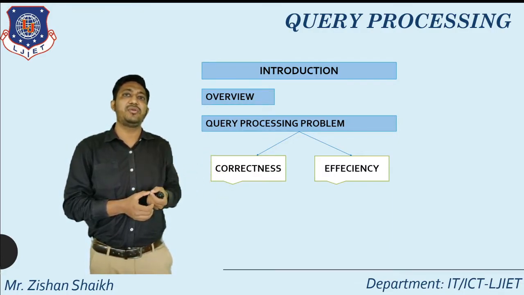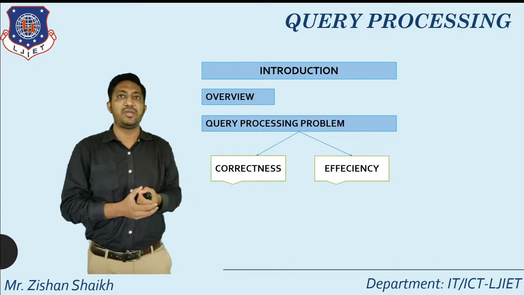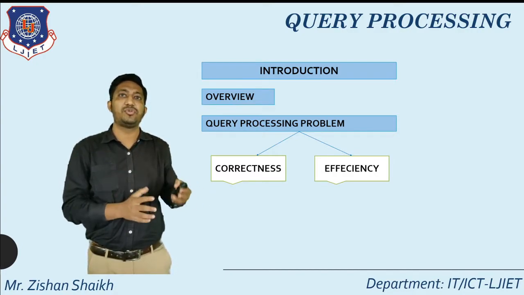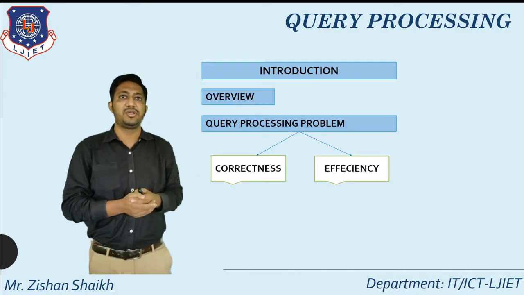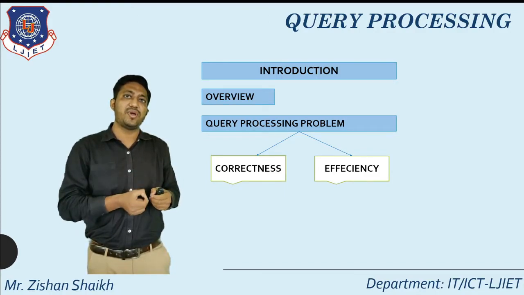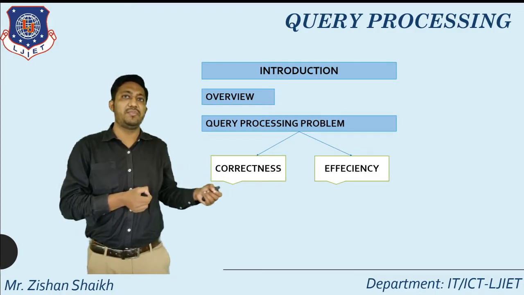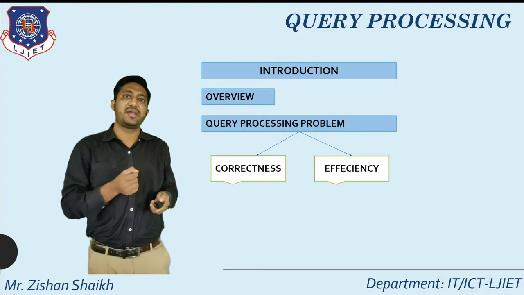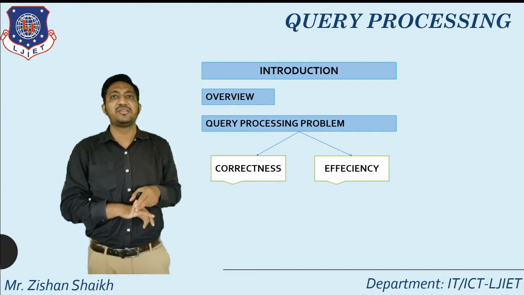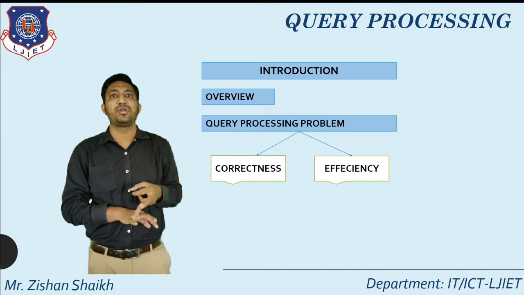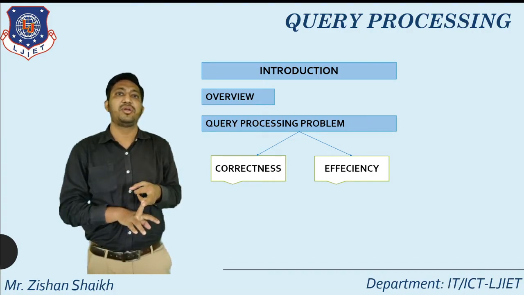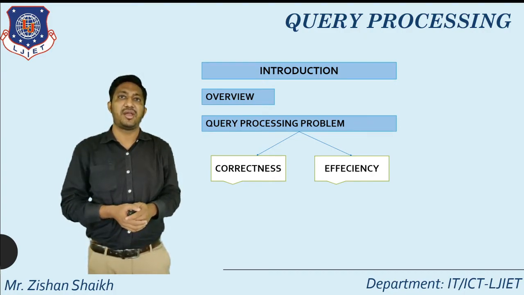It first converts it into a non-relational query, which is a combination of selection, projection and other operations. Then we check whether the query is correct or not. That means whether the syntax is correct and the semantics are correct. That is all about correctness.